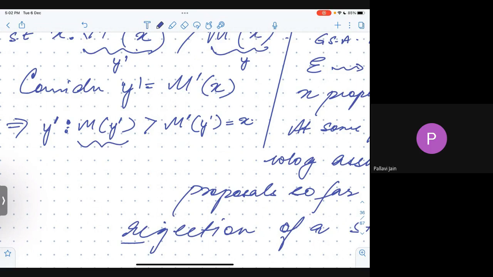This is a partner under M prime, and this is her partner under M. A vertex may have multiple different partners in different stable matchings. They're all called stable partners.